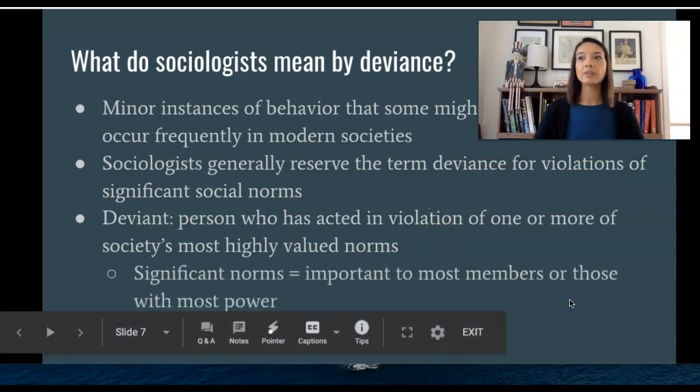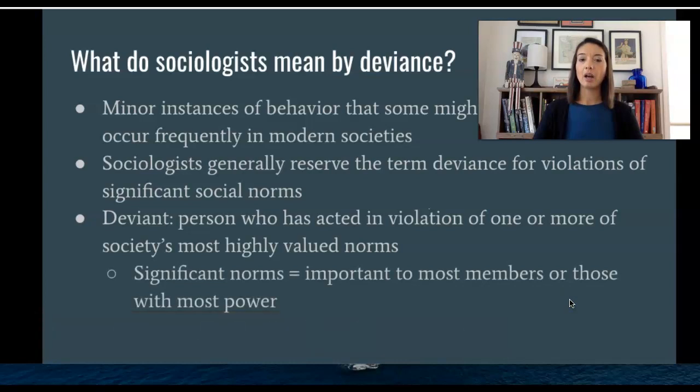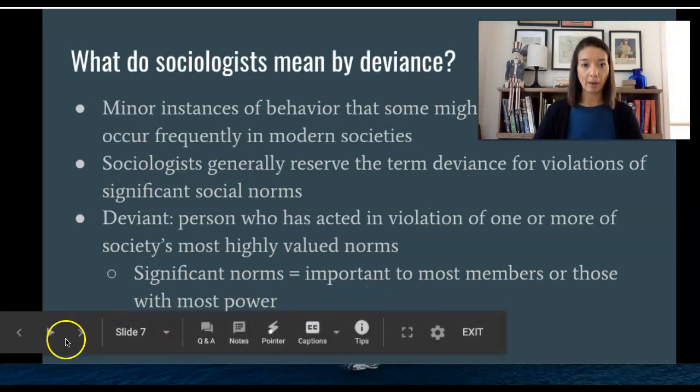And those significant norms, we want to focus on this part, are important to most members of society or those with the most power, because they get to decide. They have a lot of power to make that decision as far as what is a social norm, or people who are in a position of power.